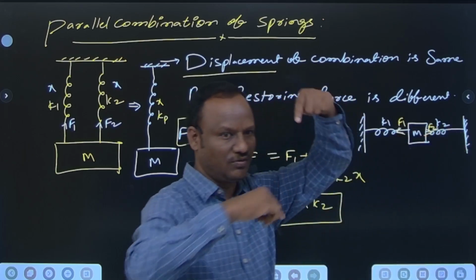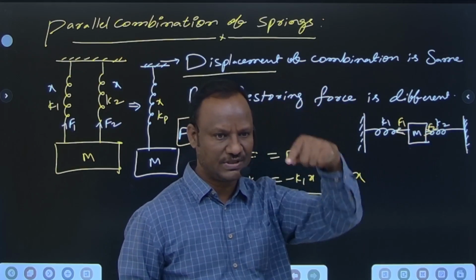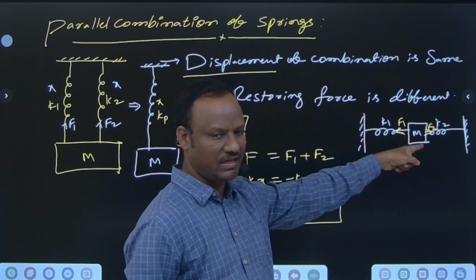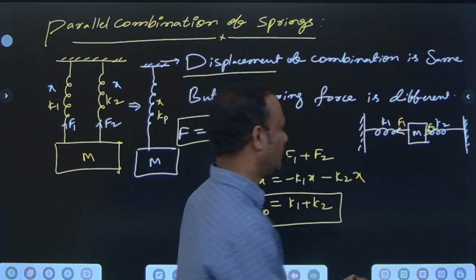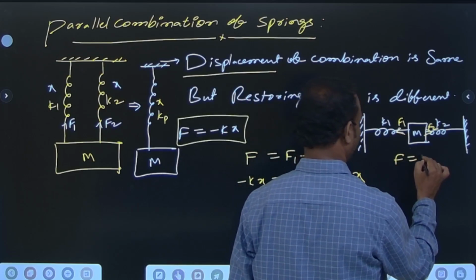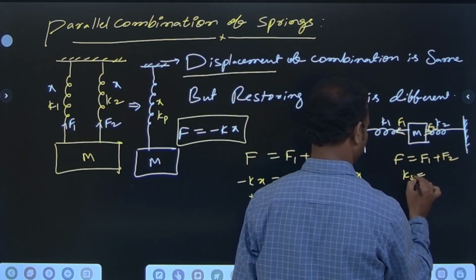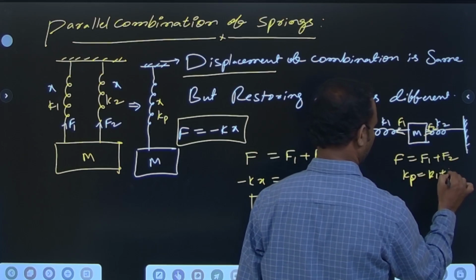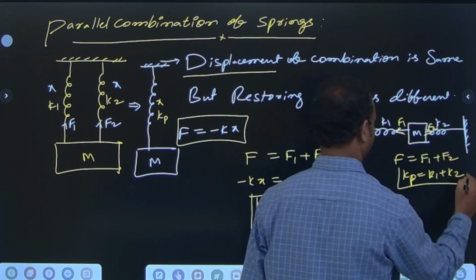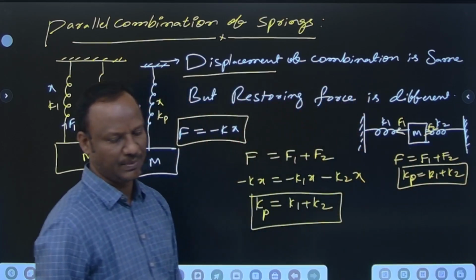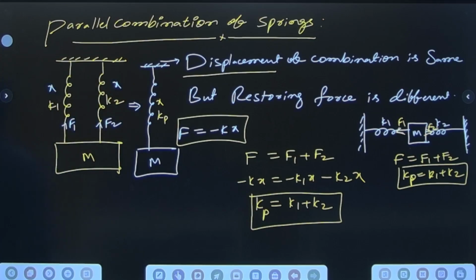When they are connected one to one, F is constant, but when connected differently, F differs. F differs means F is equal to F1 plus F2. Kp is equal to K1 plus K2.